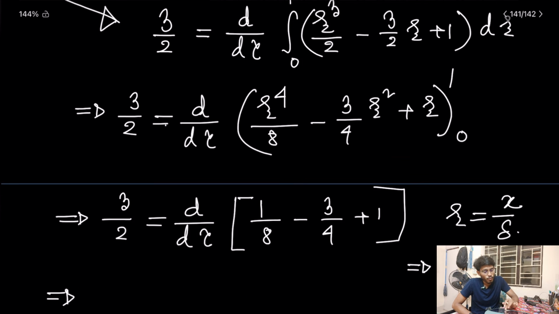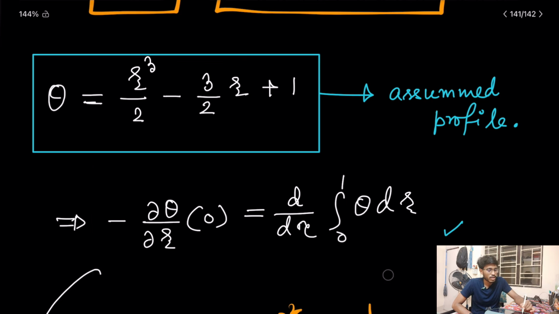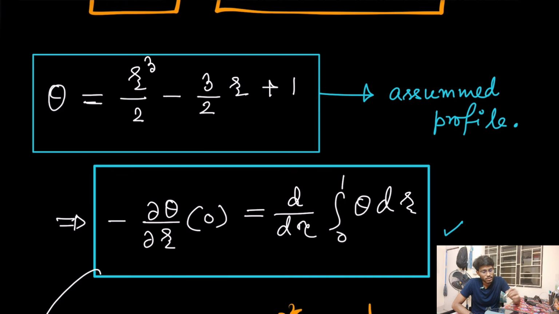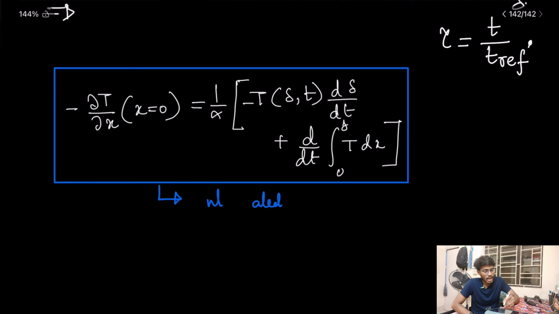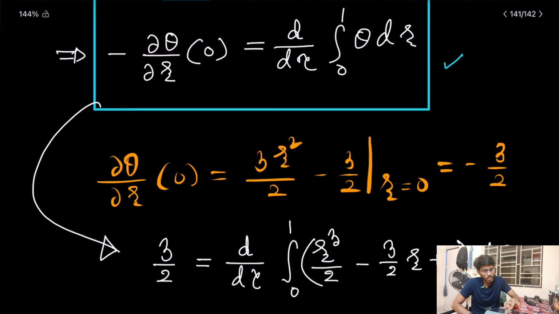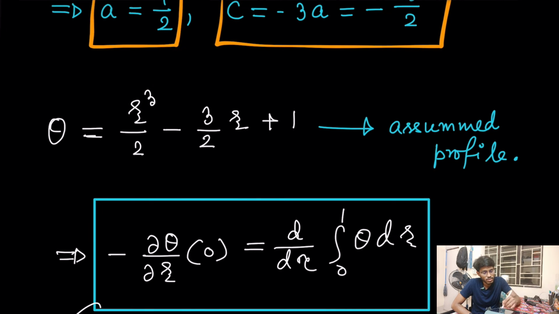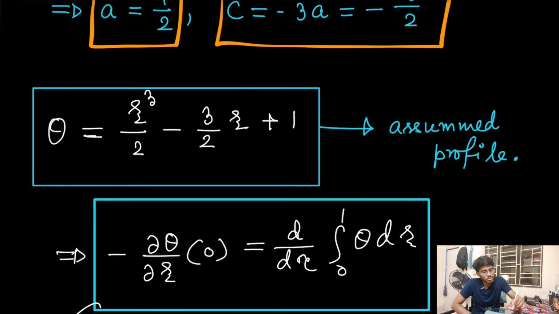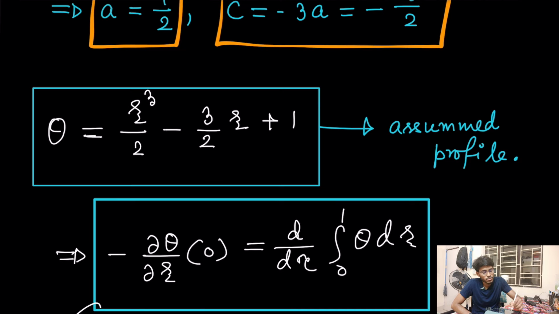We can integrate this equation to simplify our life, but this equation will give us nothing, and that we have already seen. So we have to use this equation. But this is still valid. We will use this one.